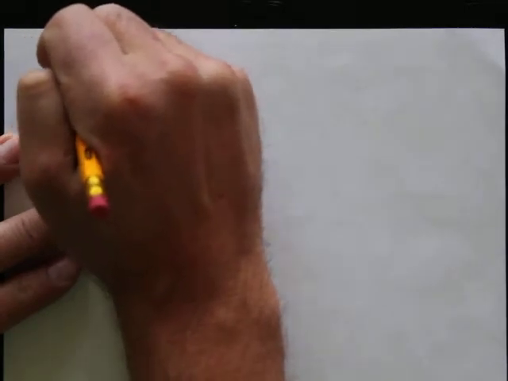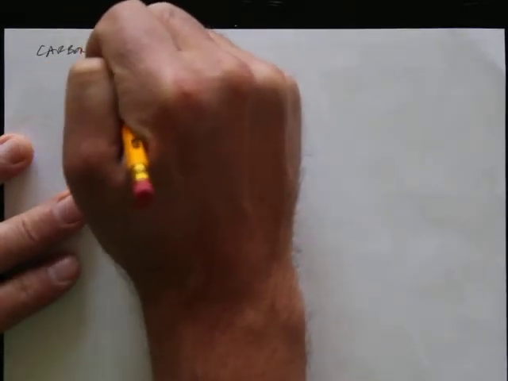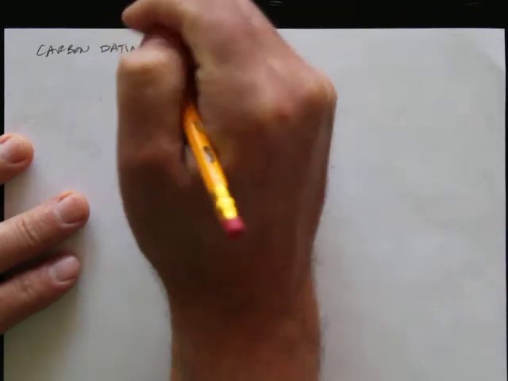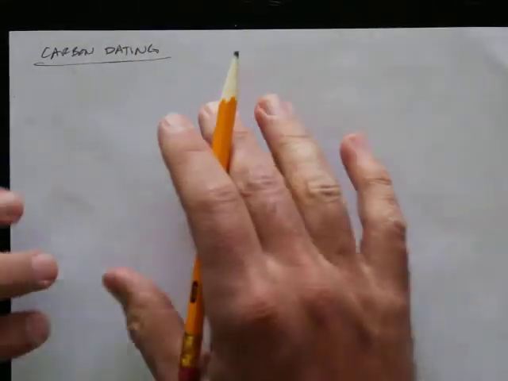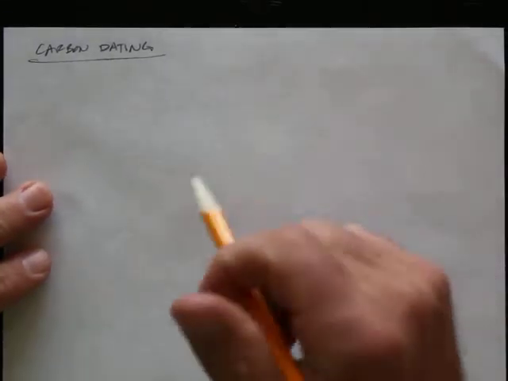Let's do a few more examples here. Let's look at carbon dating some more. This is not where carbons get together and talk about how they like long walks on the beach. This is about trying to figure out how old some material is, how long it's been on the planet.